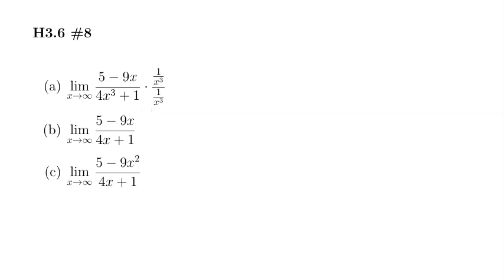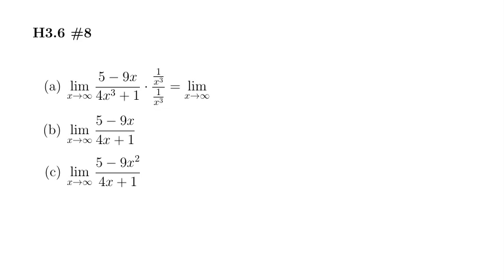So this is equal to, we still have the limit, so we leave the limit for now. Let's distribute the 1 over x cubed to the 5, so it's going to be 5 over x cubed on top.